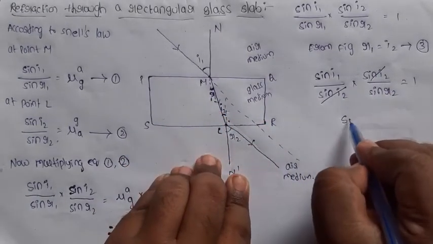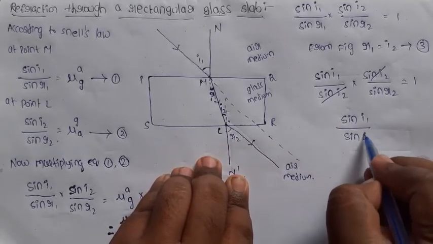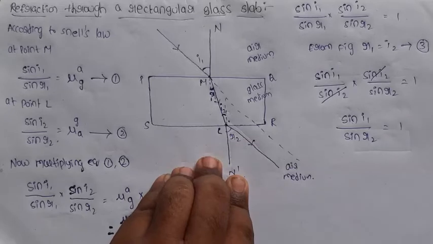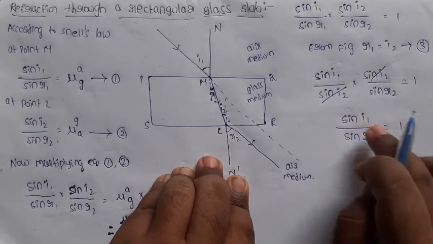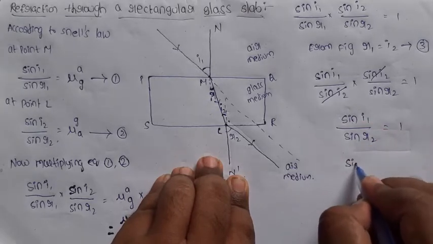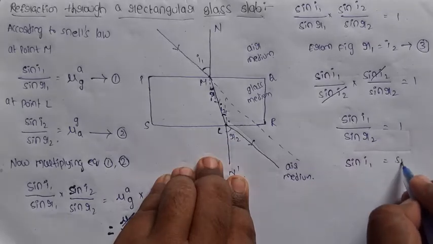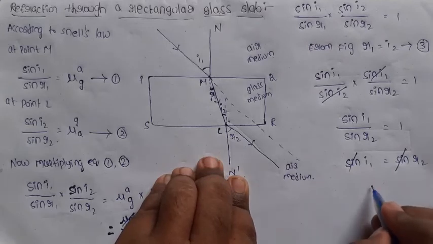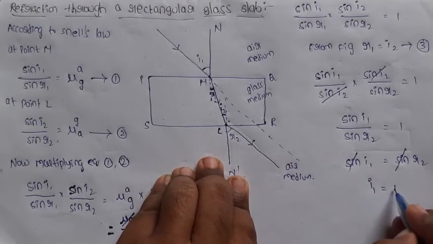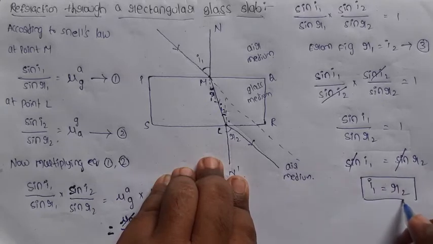What about the remaining terms? Sin I1 by sin R2 equal to 1. Doing cross multiplication, sin of I1 equal to sin of R2. Both sides sin will cancel. So I1 equal to R2. This is the fourth equation.